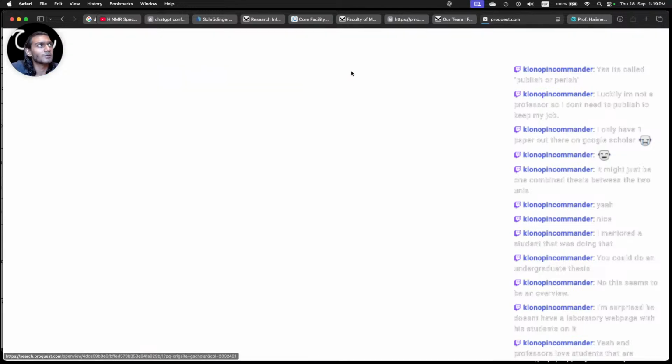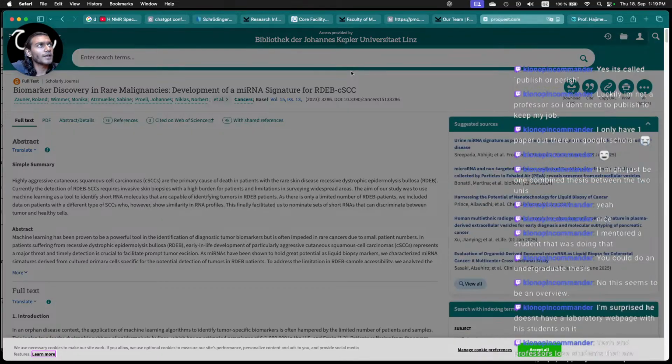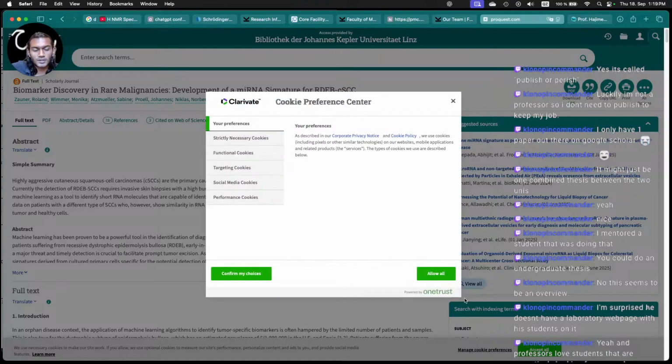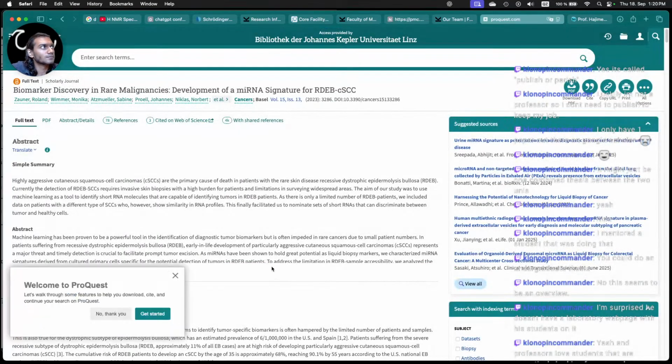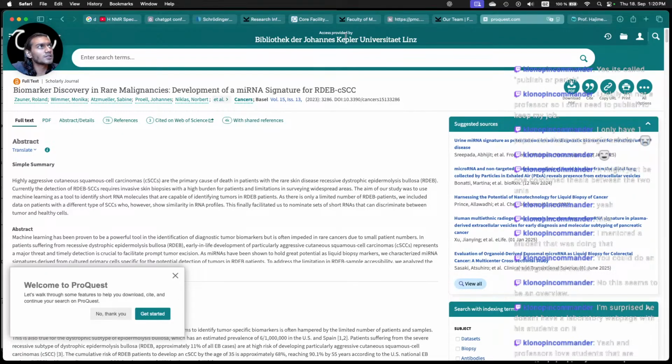What is full view? Why is it taking me to different sites? Highly aggressive. Okay, I think this is part of my university.